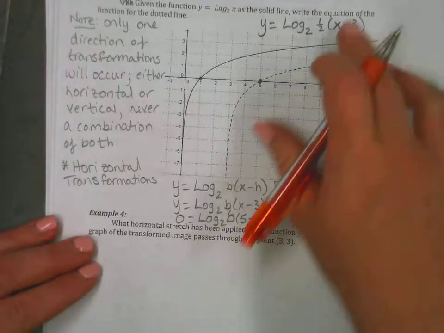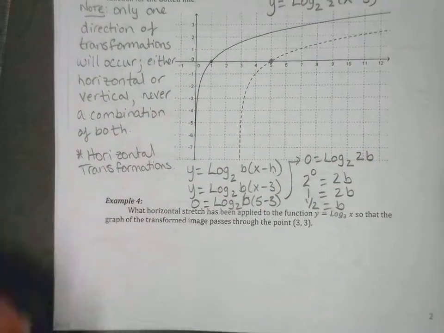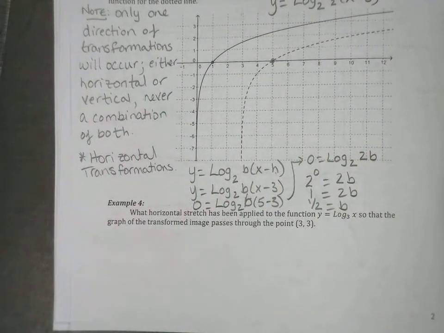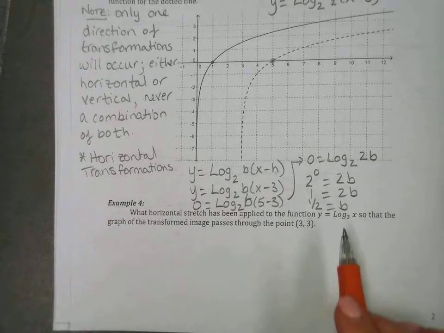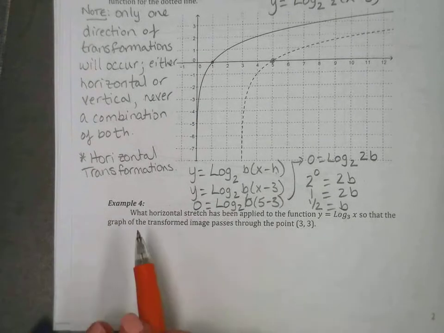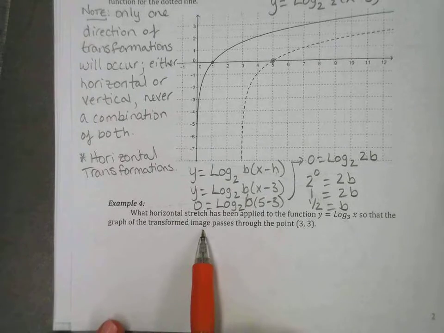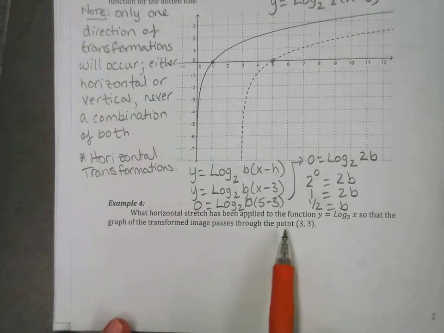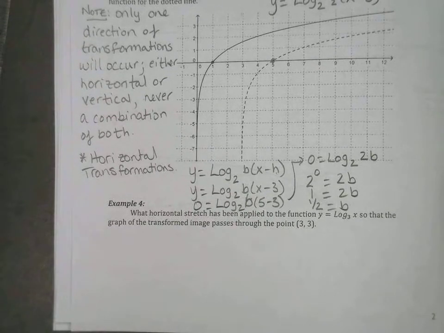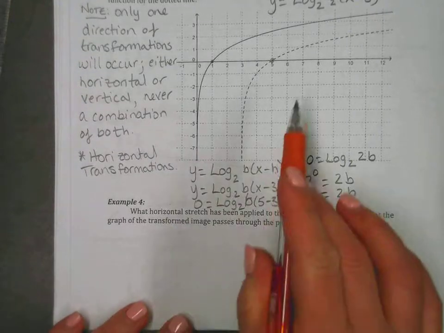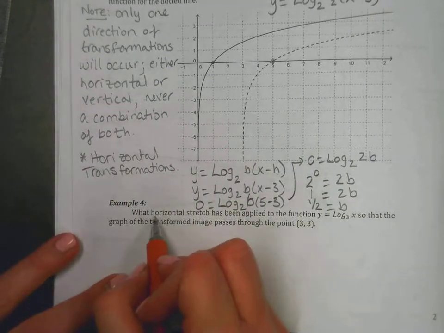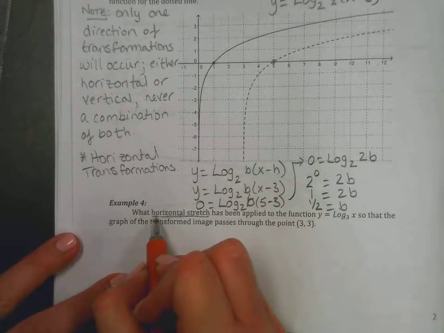And then lastly, example number 4. What horizontal stretch has been applied to the function y equals log base 3 of x so the graph of the transformed image passes through the point (3, 3)? Similarly to the previous question, it tells me a horizontal stretch is being applied.